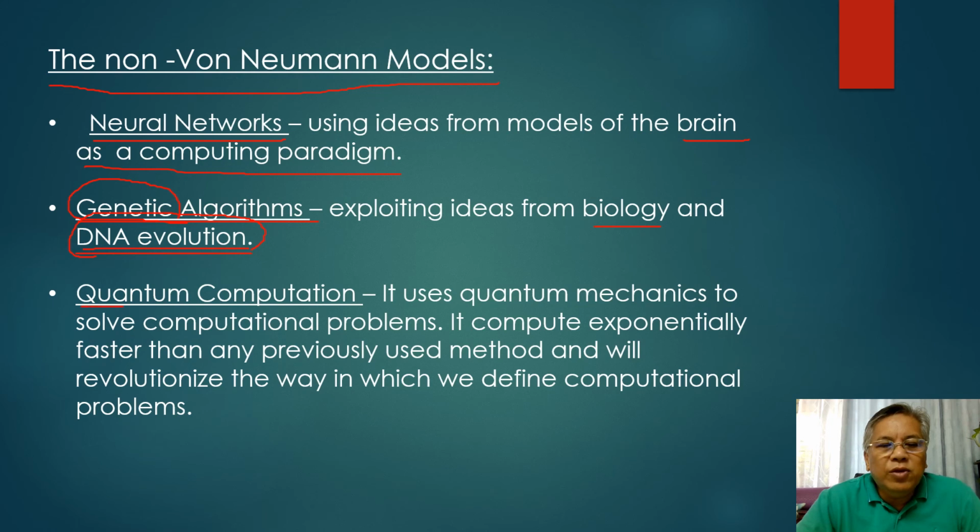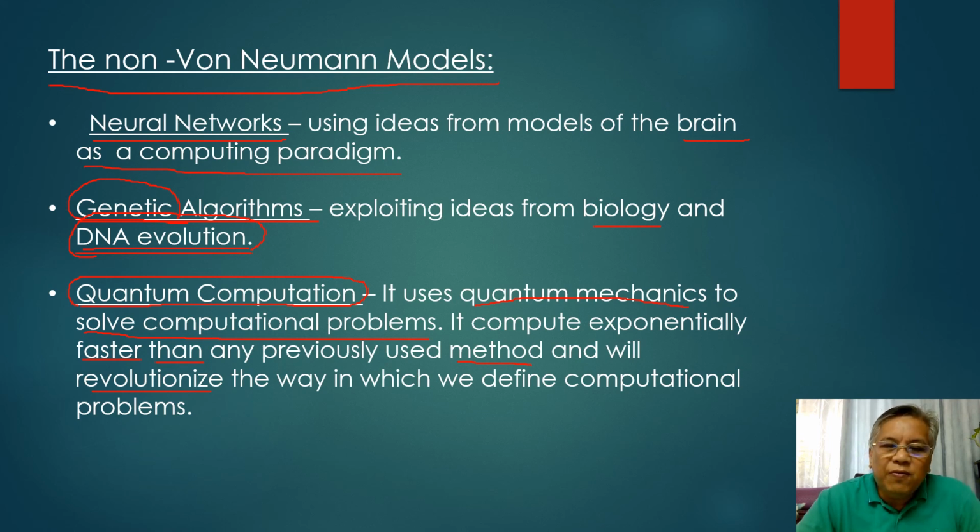Then we have the quantum computation. The quantum computation uses quantum mechanics, so it is like physics, no? It uses quantum mechanics to solve computational problems. It computes exponentially faster than any previously used methods and will revolutionize the way in which we define computational problems.